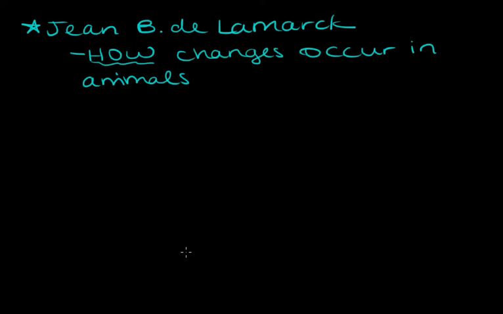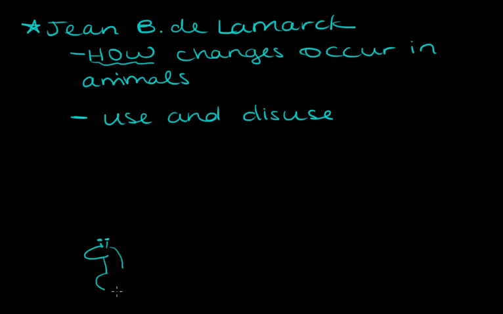His idea had two main points. Point number one, use and disuse. You can think about a giraffe, right? He proposed that giraffes, look at my awesome giraffe picture, be impressed. It's got four legs.